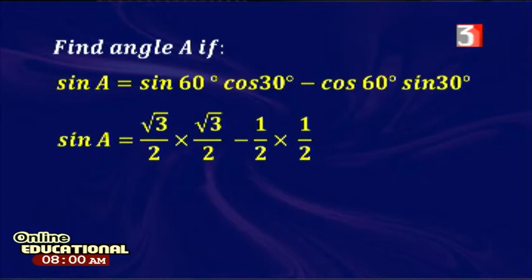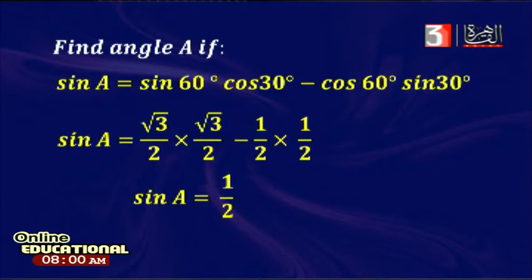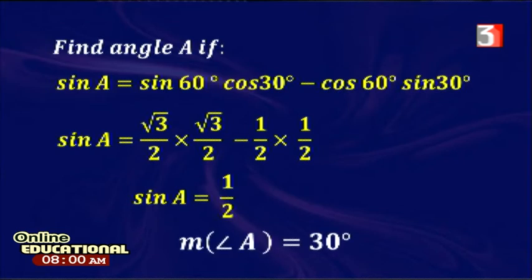Times, what about cosine 30? Root 3 over 2. Minus, what about cosine 60? It's half. Times, what about sine 30? It's half. By using your calculators, you are going to find that sine A equals half. By using your calculators, shift sine half, you are going to find that measure angle A equals 30 degrees.